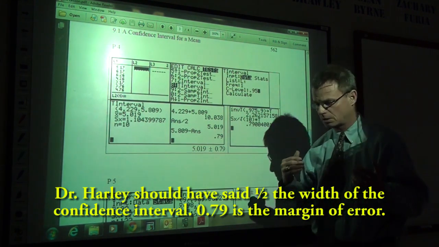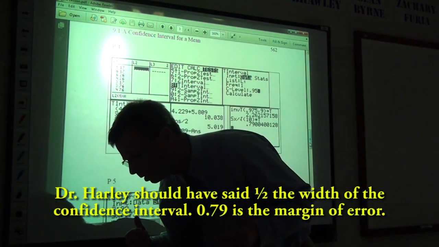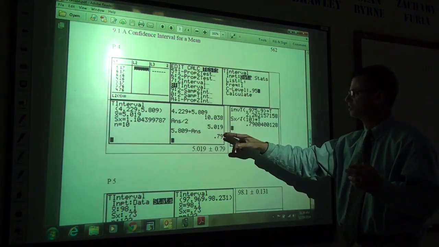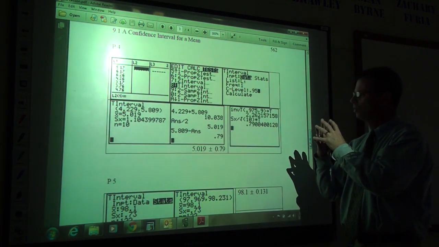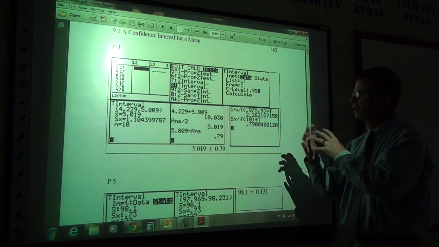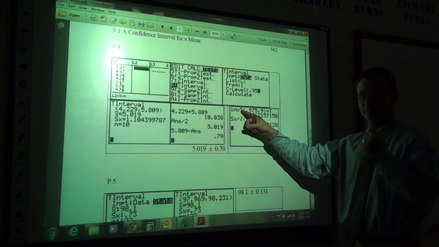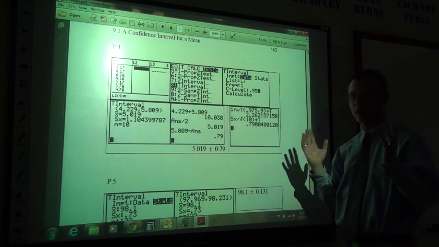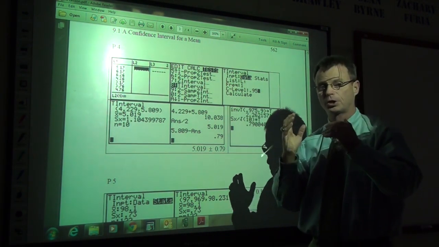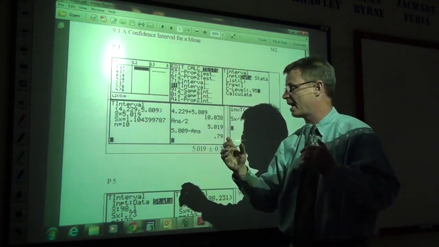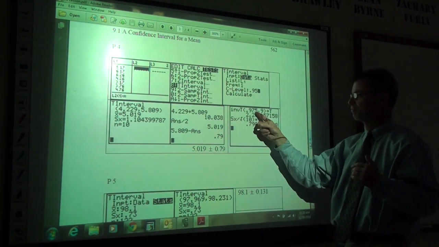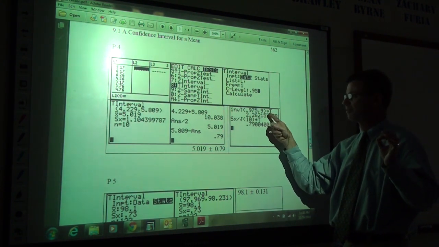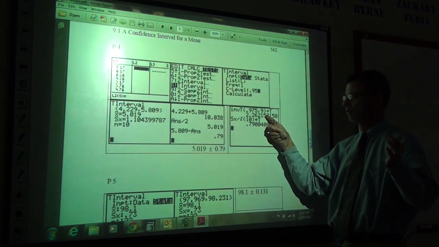They also asked, well, instead of doing that, if I do this, you get the same answer. The inverse t: if I know I want to capture 95%, since the curve counts from left to right, I have to go to 97.5%, comma, the input is calling for 9 degrees of freedom. That's my t-score. So now what am I saying?